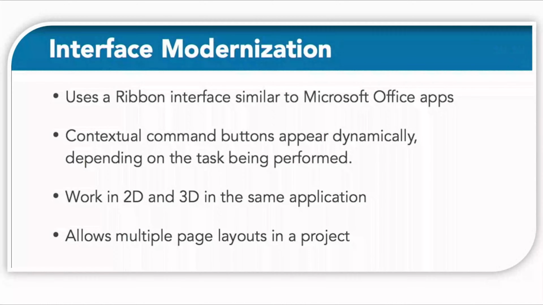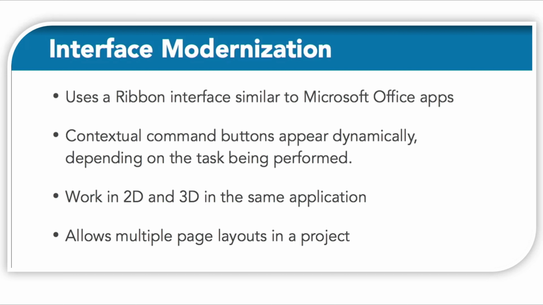Now let's talk about the interface modernization. The user interface in ArcGIS Pro is dramatically different than the other tools in the ArcGIS for Desktop suite. It uses the same ribbon design for organizing command buttons that has been seen in Microsoft Office for quite a few versions now. The ribbons group commands together into logical arrangements that respond dynamically to the tasks and views that are currently in use.